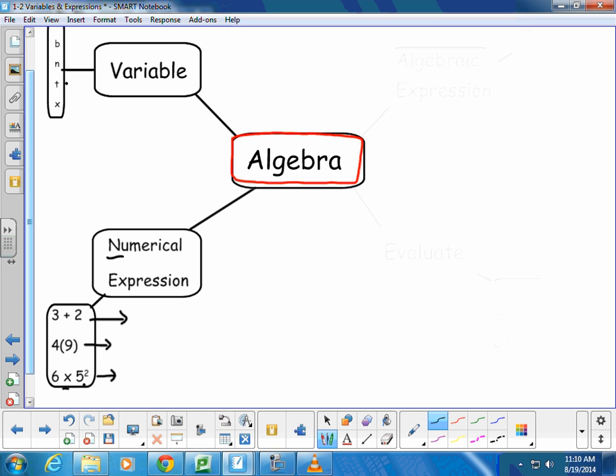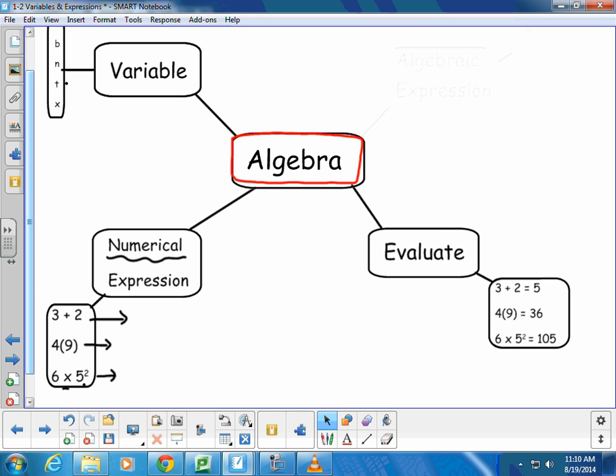And that makes it numerical. Notice how you don't see any letters. That's what makes it not algebraic. So then we were able to evaluate or solve those by simply finding out what the expressions were equal to. So we did 3 plus 2 is 5, and so on and so forth. So we can evaluate both things.